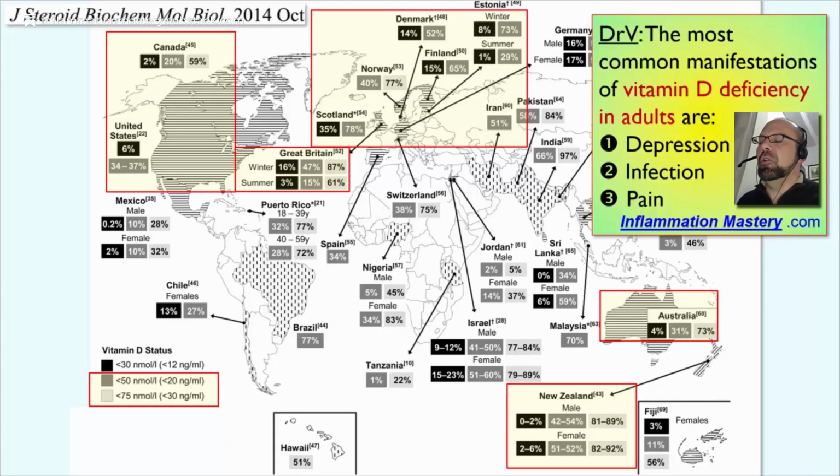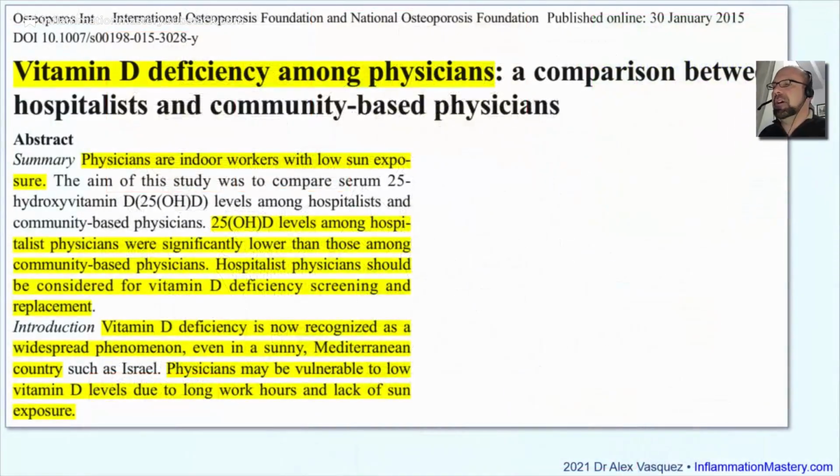So in 2004, we documented in our review article that vitamin D deficiency was prevalent in most populations, and here again in an independent publication by other authors in 2014, they had the exact same conclusion, that vitamin D deficiency is a common problem worldwide. And very interestingly, we see vitamin D deficiency not only among the general population and among patients, but also among medical doctors.